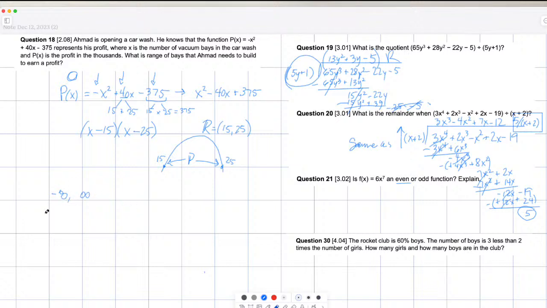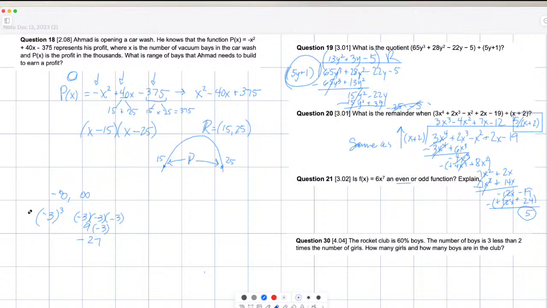So let's pick a negative number, negative 3, and we raise it to an odd power, make it 3. Negative 3 times negative 3 times negative 3, that's going to be negative 3 times negative 3 is 9 times negative 3 is negative 27.